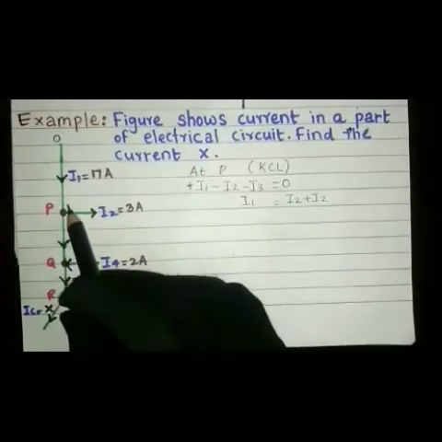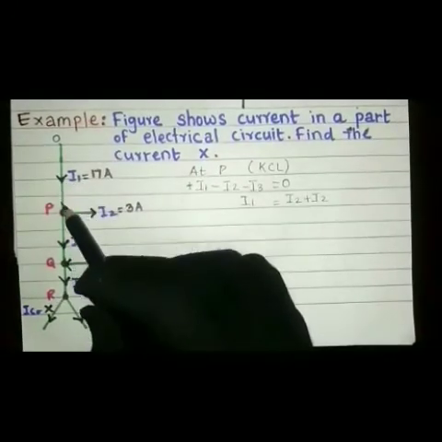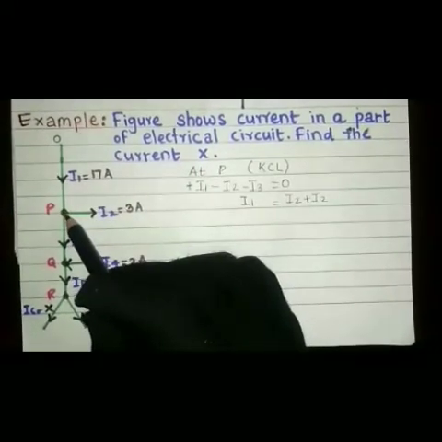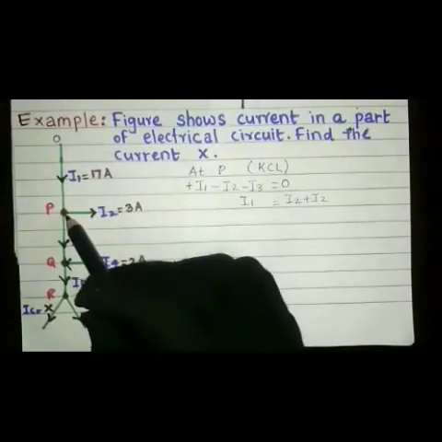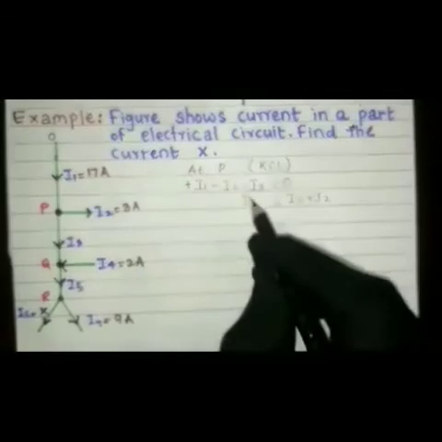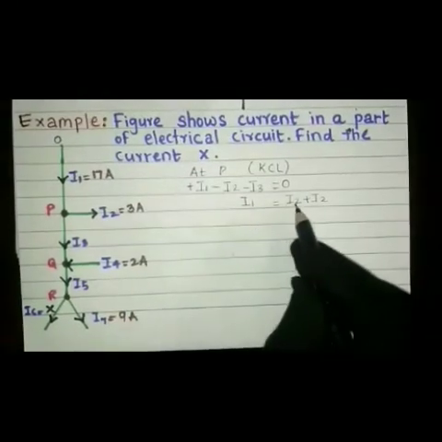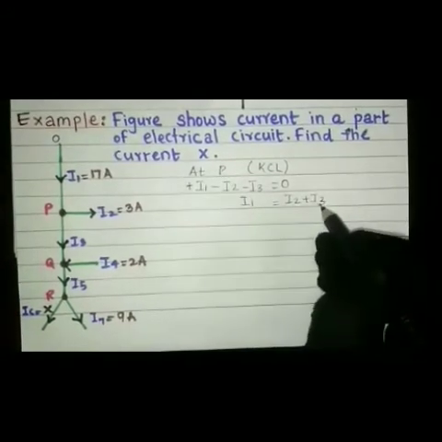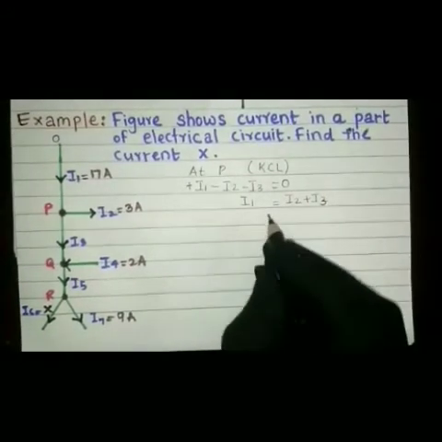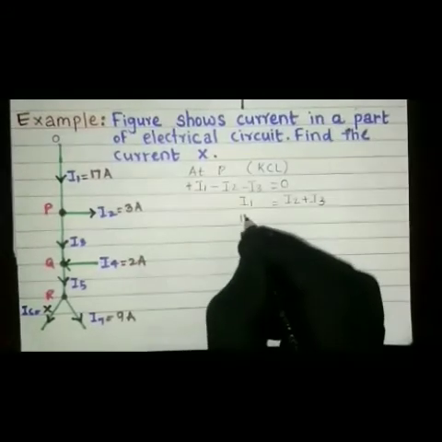And we can see here also that I1 is coming at the junction, and further this I1 is divided into two parts, that is two currents, I2 and I3. According to Kirchhoff's first law, again we have the same thing, I1 is equal to I2 plus I3. Now I1 is already given as 17.